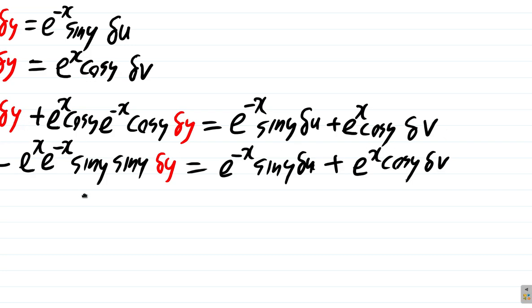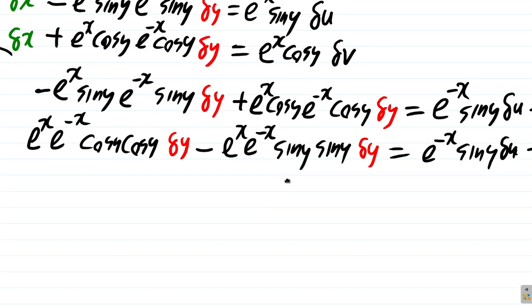So now notice here, what we have is that e to the x times e to the negative x, that's 1. Cos y times cos y is cos squared y. And this is del y, small change in y, minus e to the x by e to the negative x is 1. Sine y times sine y is sine squared y. Right?